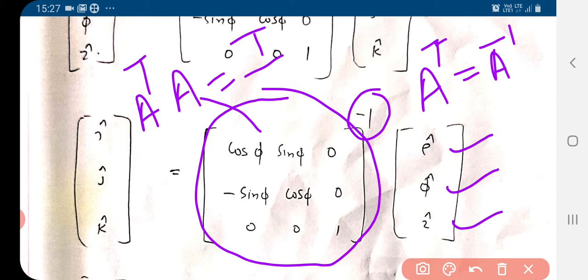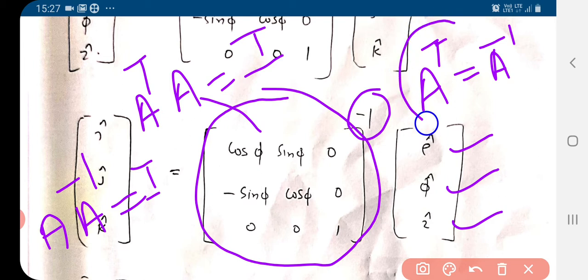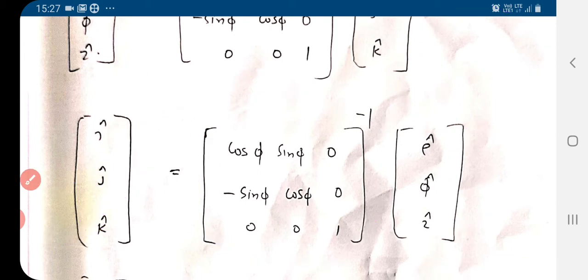Such matrices are called orthogonal matrices, for which A transpose is A inverse. You can verify yourself that A transpose A is a unit matrix here.